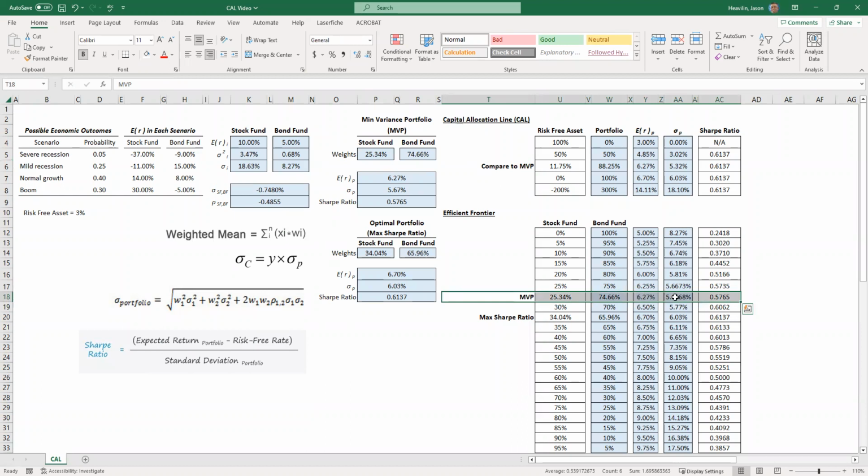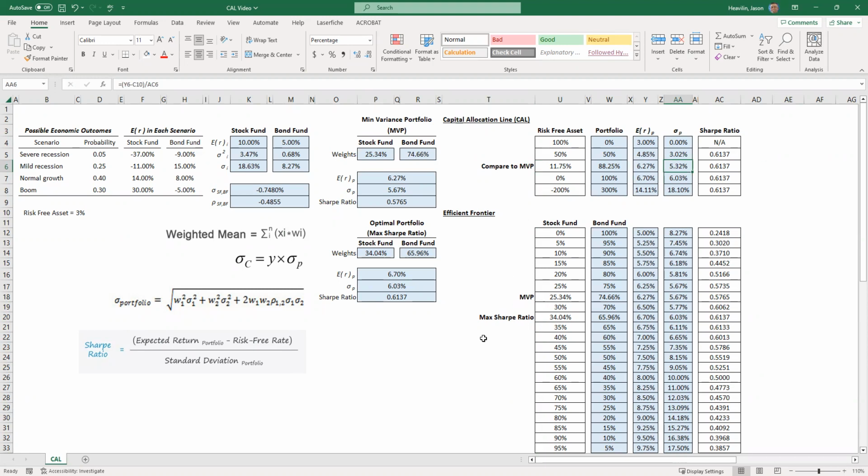However, the standard deviation here was 5.67% for that return. Here we have the same return for a lower standard deviation. So I'm achieving the same return for a lower risk. So that's the advantage of combining it with a risk-free asset. I can achieve the same return for a lower risk.